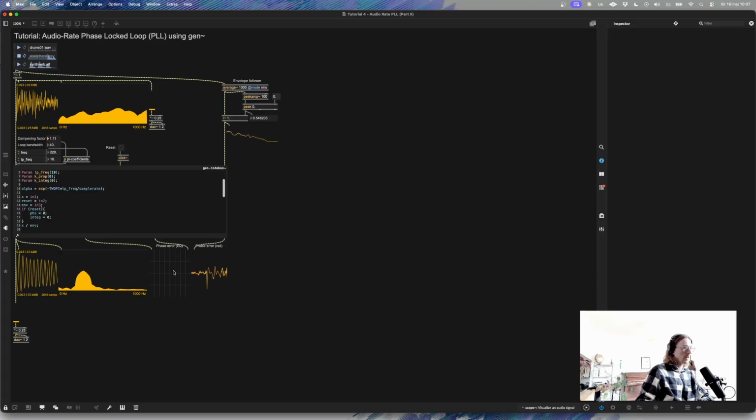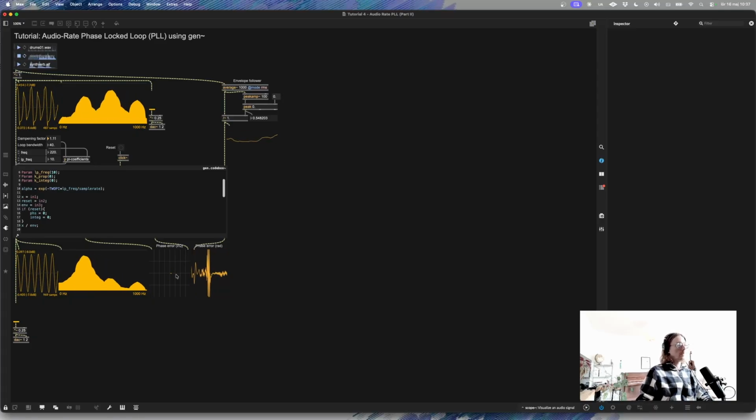So if you pay attention to this phase error in the IQ plot, like when we are locked into the input frequency, we generally have a larger magnitude here. So if you remember, this IQ plot is in a way like a point on a circle in the ideal case, and the larger the radius of this circle, the closer we are to a perfect locked-in PLL, essentially.